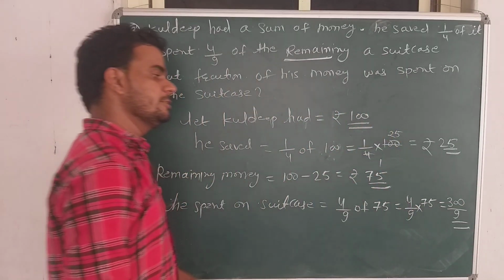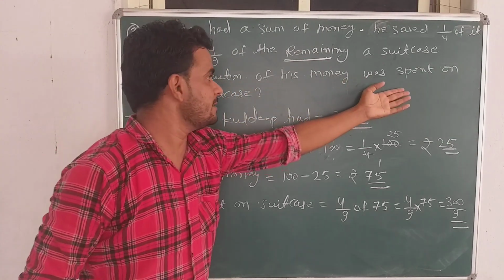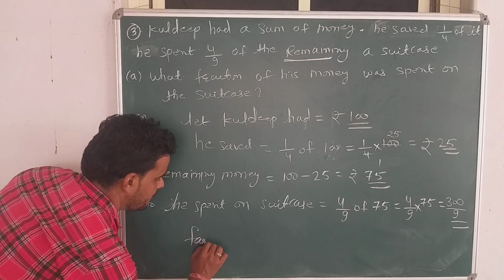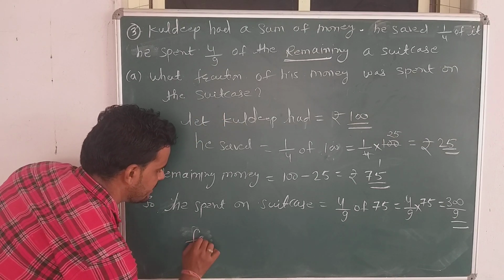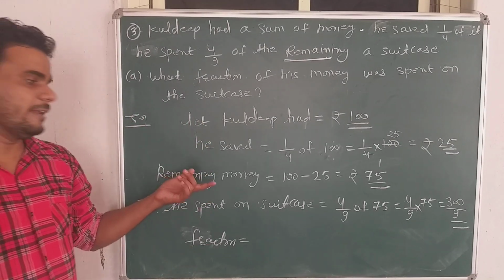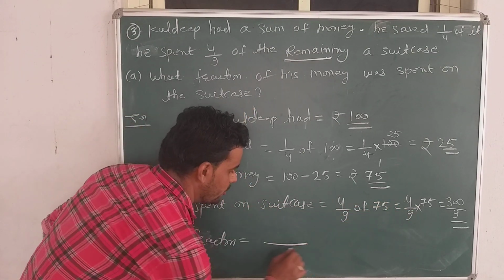spent on suitcase. Now we have to find out what is the fraction of the money he spent on suitcase. So our fraction is, already I told you that when we will find out the fraction, then we will make it like this, divided by total money amount.